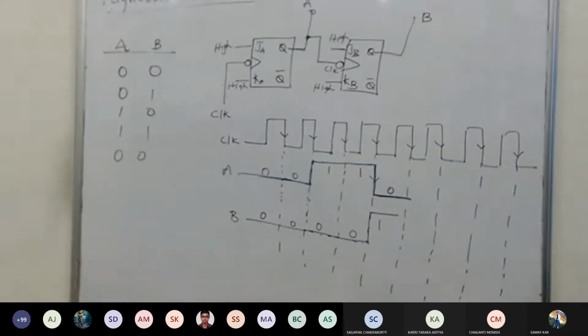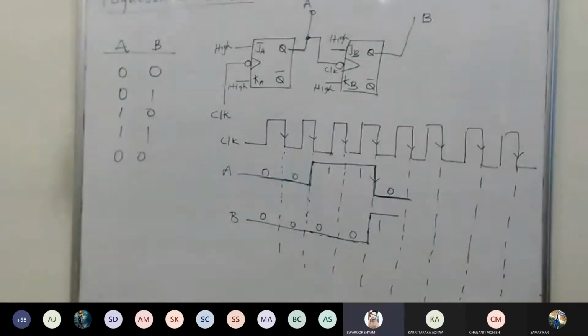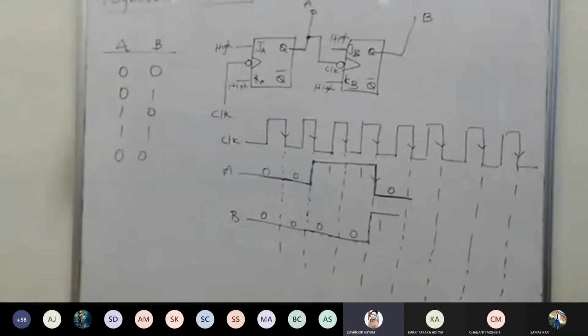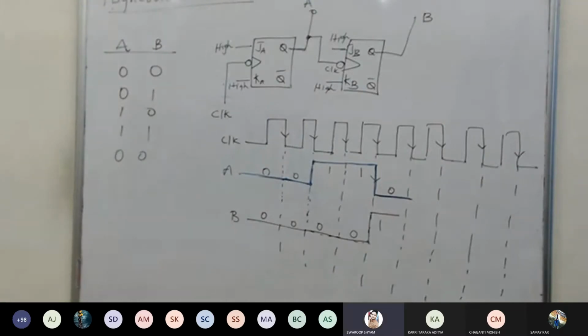Ma'am, we have to take the counter outputs through QA bar and QB bar. Why? I don't think so. Why do the outputs have to be considered that way? Ma'am, if we do so, then we can get the pulse 0001.